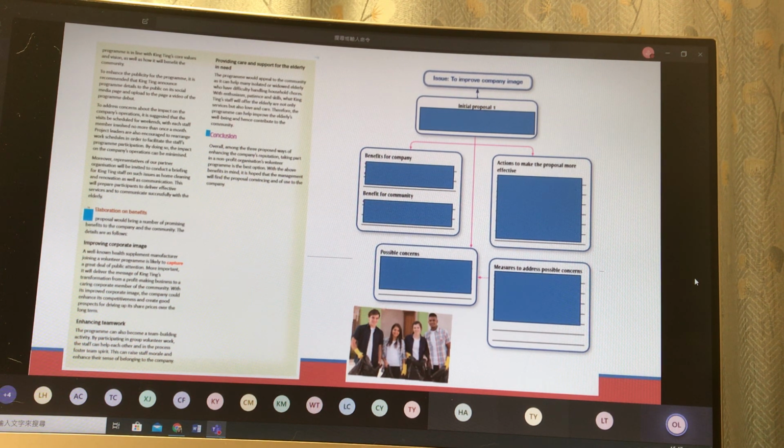Recommended proposal includes implementation details, which we saw, and the elaboration on benefits. And then as you can see, the conclusion is very short. It's just a few sentences that summarizes everything that was talked about in the proposal.